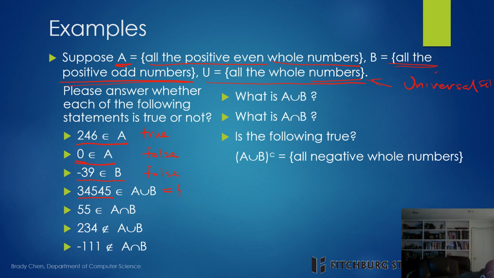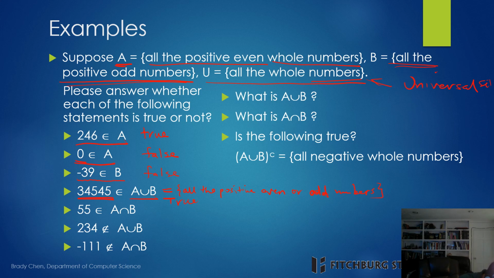So that means all the positive even or odd numbers. As long as that number is positive, it doesn't matter whether it's even or odd. It should be in A union B. So the answer is true, right?